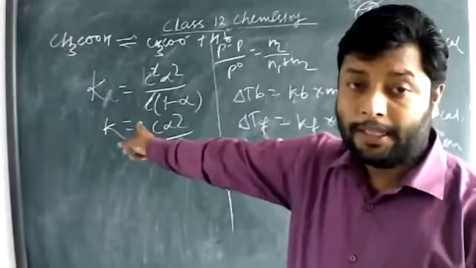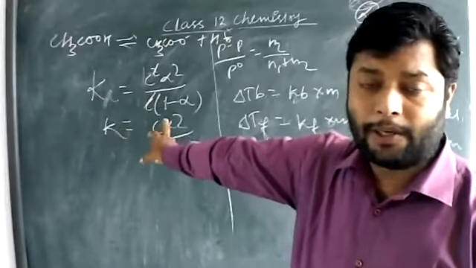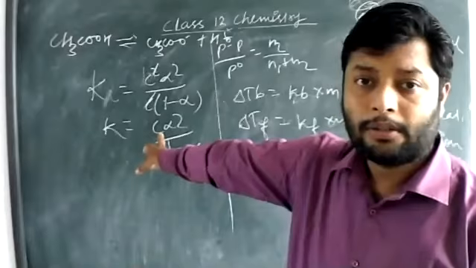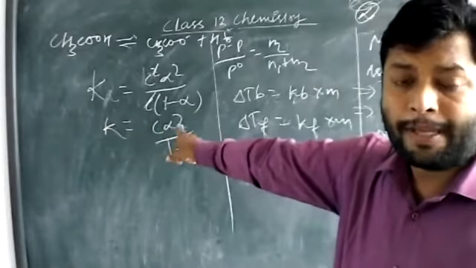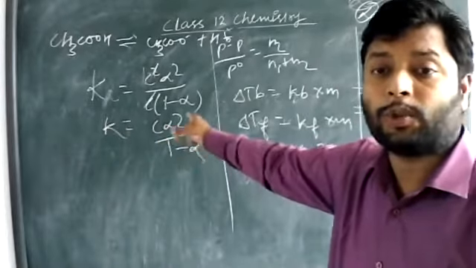And that's why, in the formula, when you are using the value of K, there must be K equal to C alpha squared only.